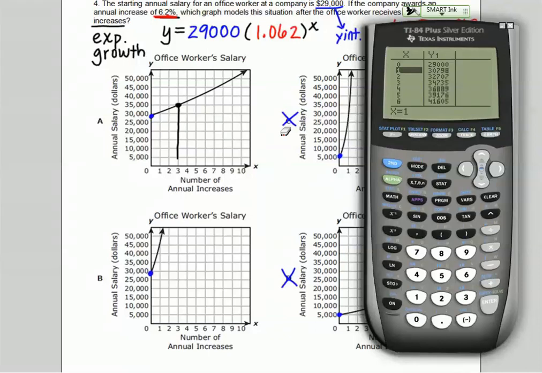And notice that's at 3 years. So let's go to 3 annual increases. And our calculator says the salary is around 34,735. I would say that that is pretty close. But if you compare answer B, notice in 3 annual increases, the calculator says that it's supposed to be 34,735, and we are nowhere close over here. So the correct answer is A.